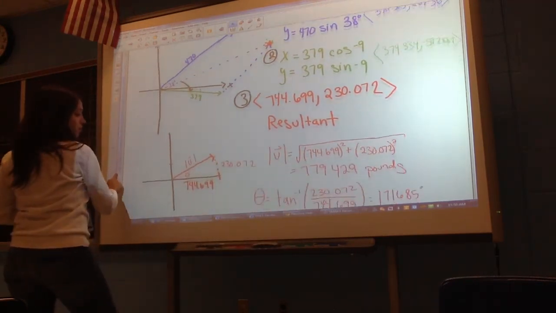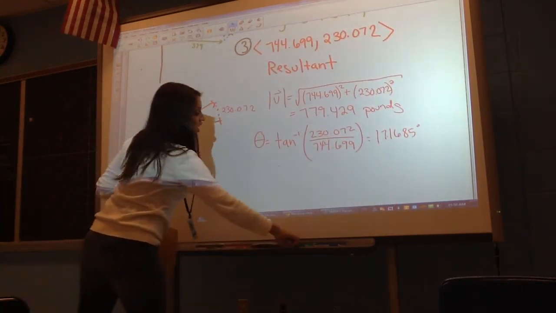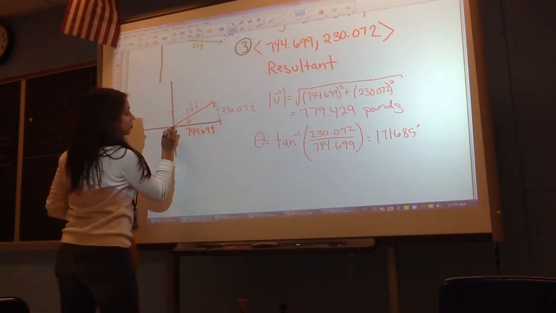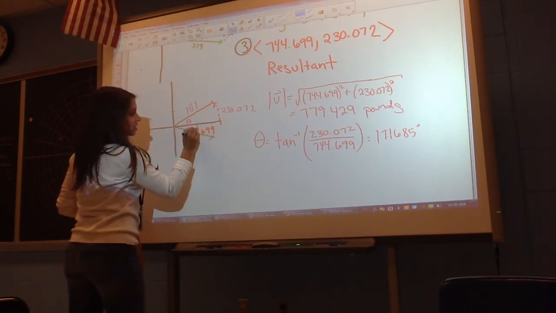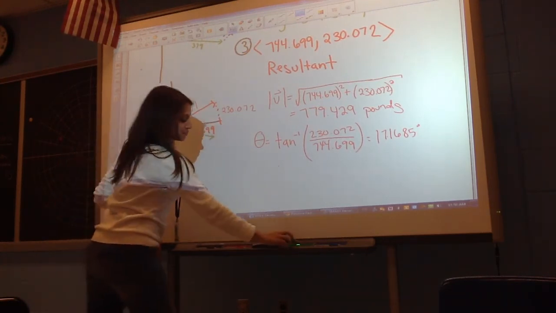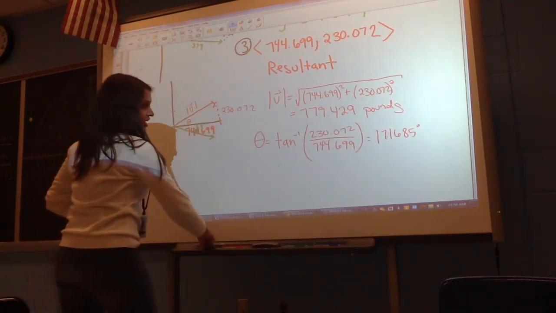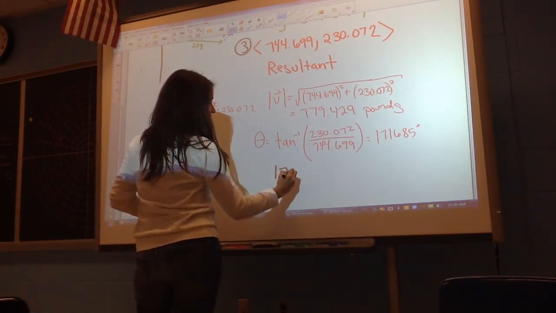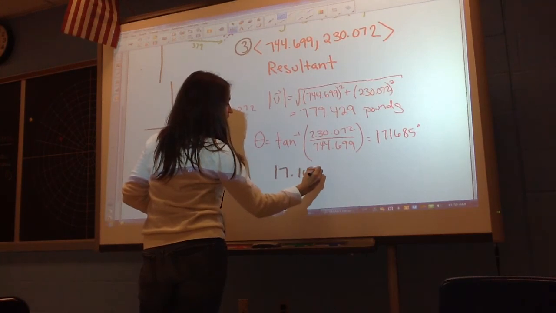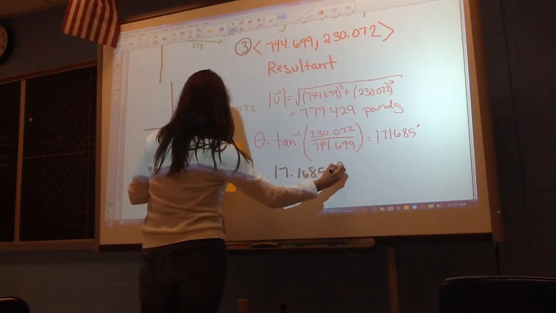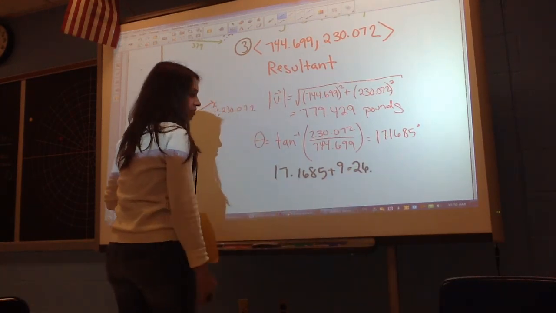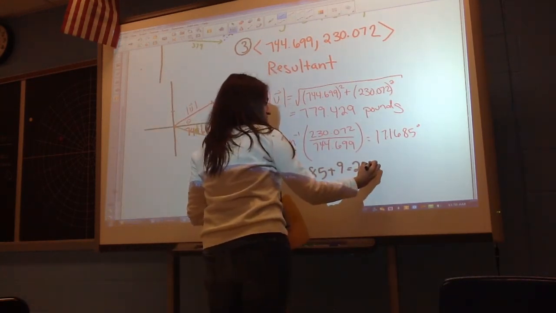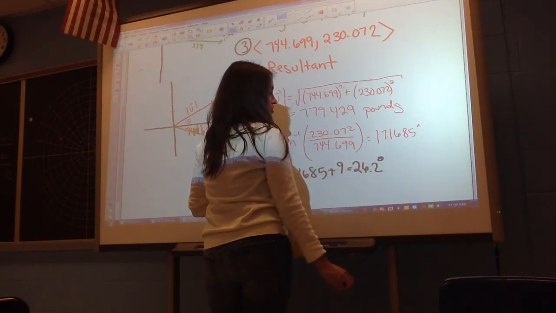So when I go back to this resultant picture, I have to find out the degree between my red vector and this green vector. Or this was an angle of 9 degrees. So I'm going to take this 17.1685 and add 9 to it to get 26 point, and we can round now, we're at the end, 26.2 degrees.